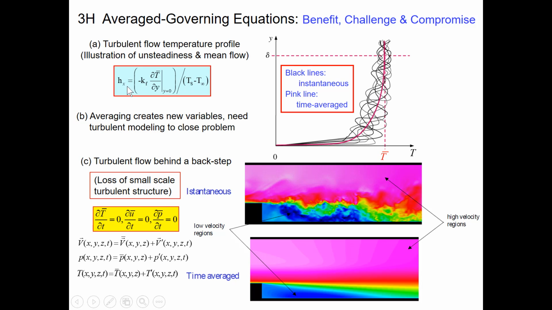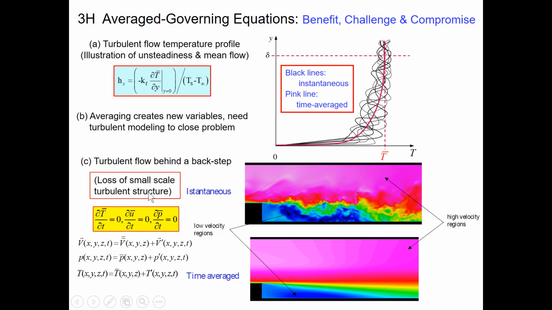When we do the time averaging, another benefit is we drop the time dependence. But it's also a compromise because we lose that information about the velocity field and the temperature field.